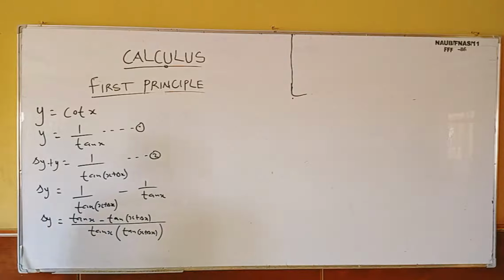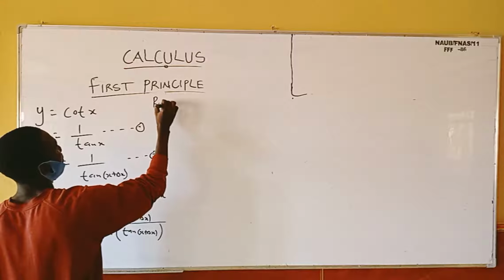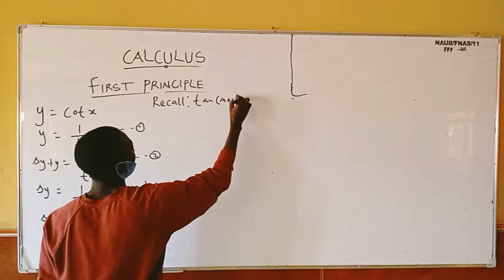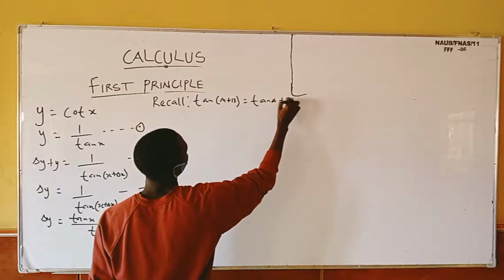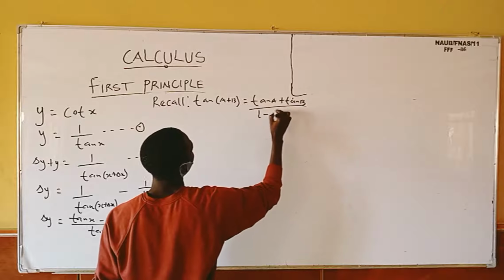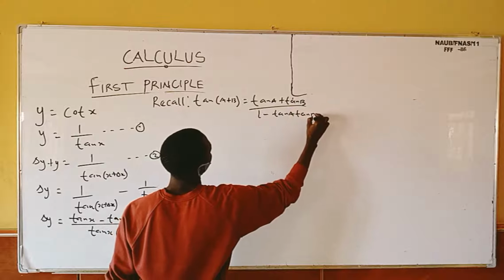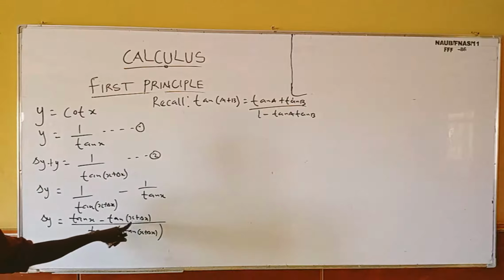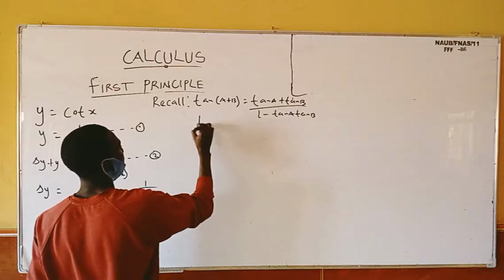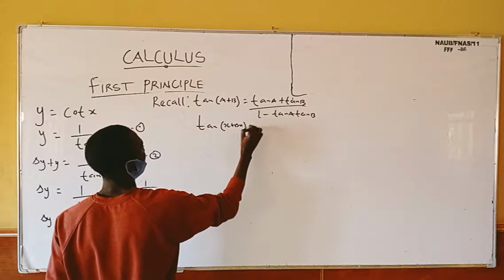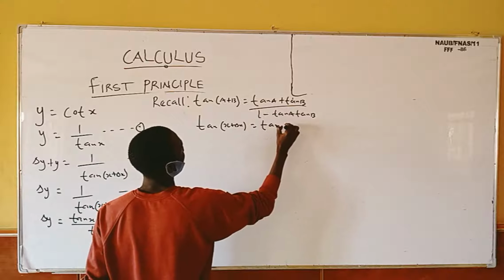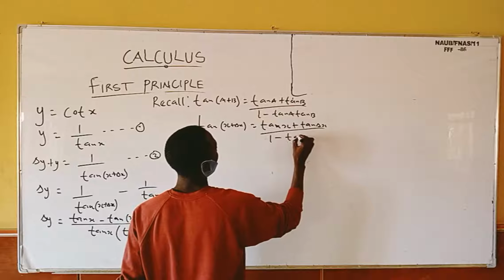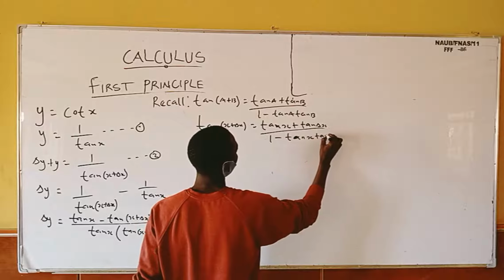So for this, you have to recall from tan a plus b, which is nothing but tan a plus tan b all over 1 minus tan a tan b. So it means this one will be my a, that is s, and my b will be change in s. So tan s plus change in s will be equal to tan s plus tan change in s all over 1 minus tan s tan change in s.